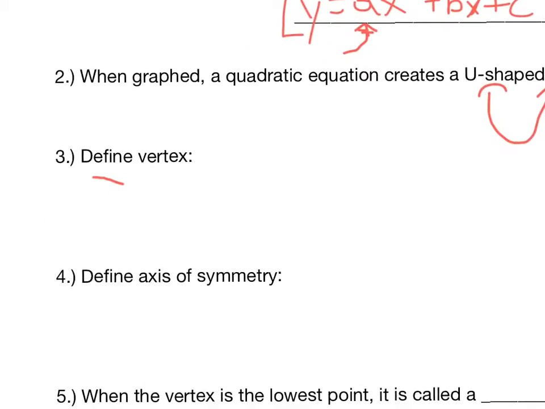Next, define vertex. This is a term that we also used when we were talking about absolute value functions. But when we're talking about quadratic equations or parabolas, a vertex would merely just be the turning point of a parabola.